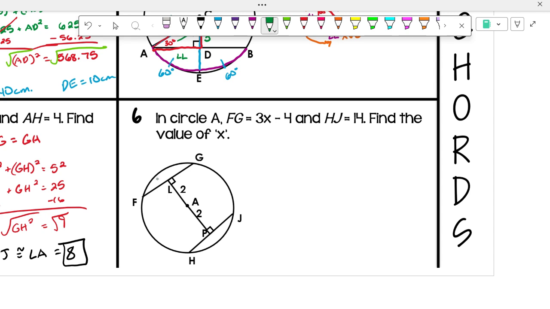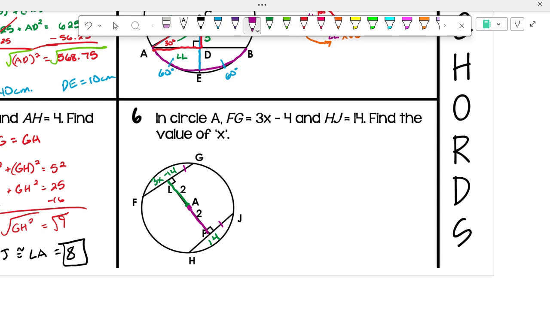All right. So FG is 3x minus 14. HJ is 14. Find the value of x. So this is an easy setup because what's true about those two chords? Right, they're both 2 units away from the center. So these chords are congruent.